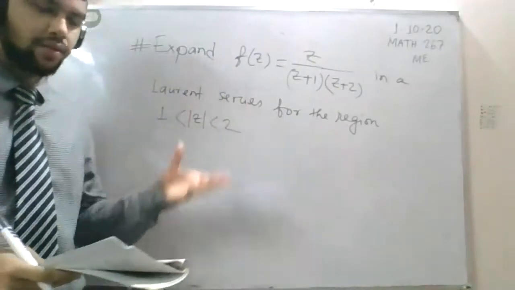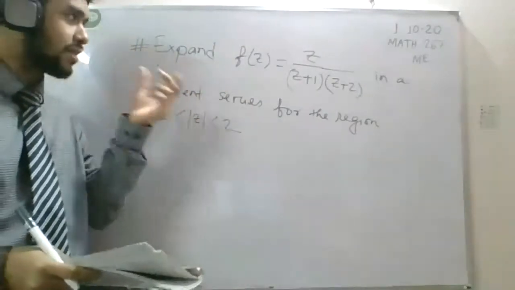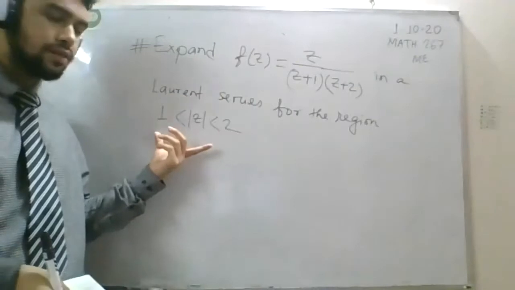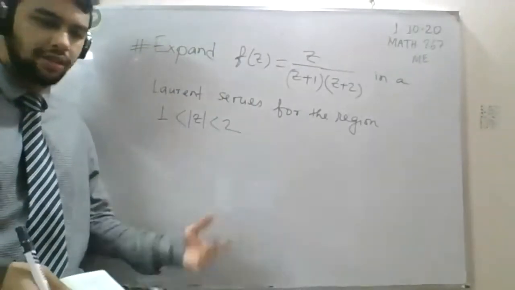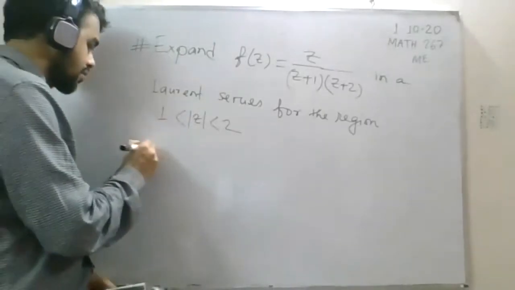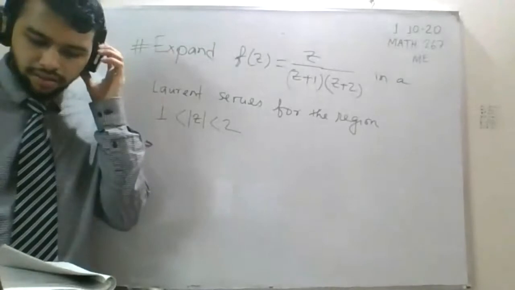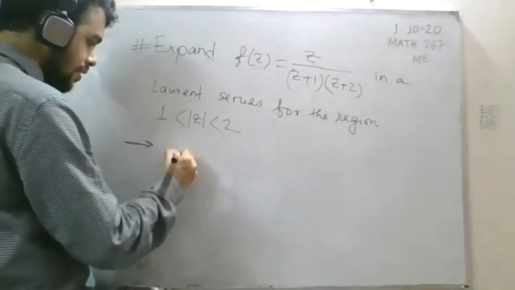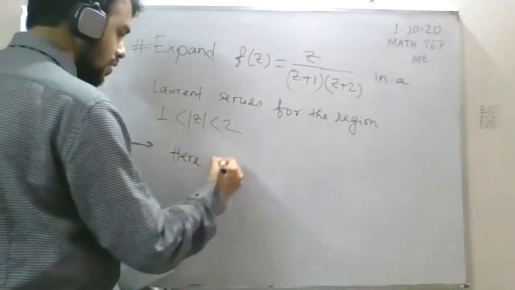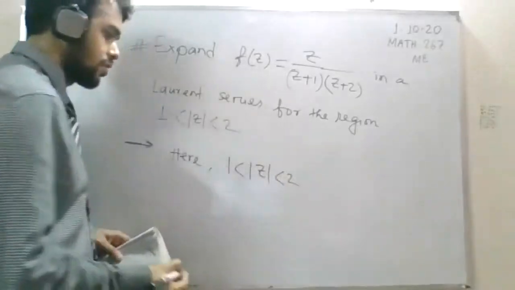So now you have to find your Laurent series from this function where the region is 1 less than modulus of z less than 2. How can we solve this type of problem? So I just simply say that here the region is 1 less than modulus of z less than 2.